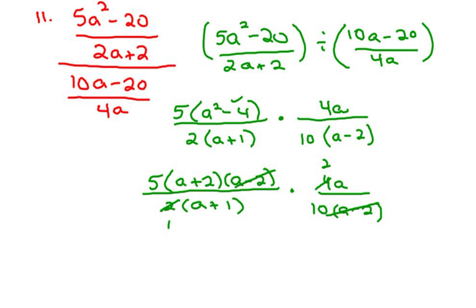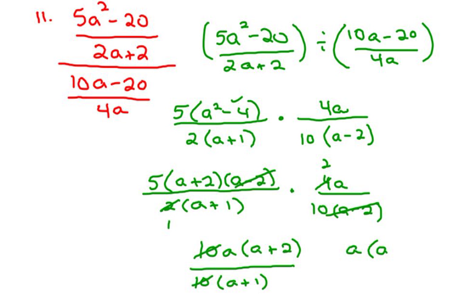Nothing else will cancel, so in the numerator we have left 10a times a plus 2. In the denominator we have 10 times a plus 1, and we see there is something that'll cancel, the 10's. So our answer is a times a plus 2 over a plus 1.